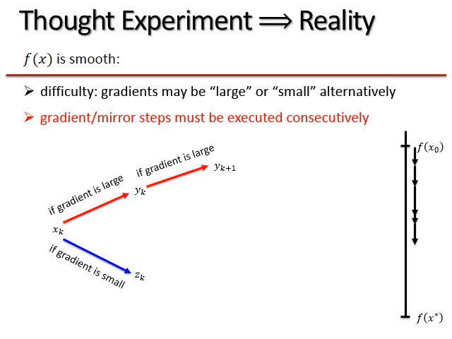Let me illustrate this. Here is a very naive and simple attack that does not work. Suppose that whenever we receive large gradients, we perform a gradient step, and whenever we receive small gradients, we perform a mirror step. Now these alternating applications of gradient and mirror steps may completely destroy the algorithm. For instance, we may not necessarily decrease the objective.